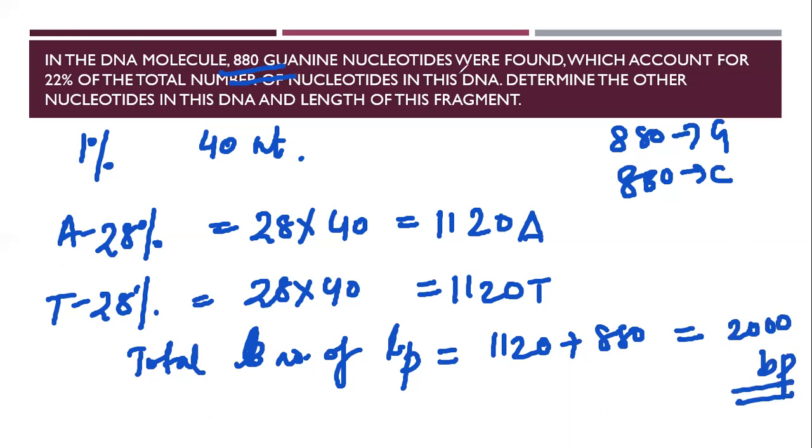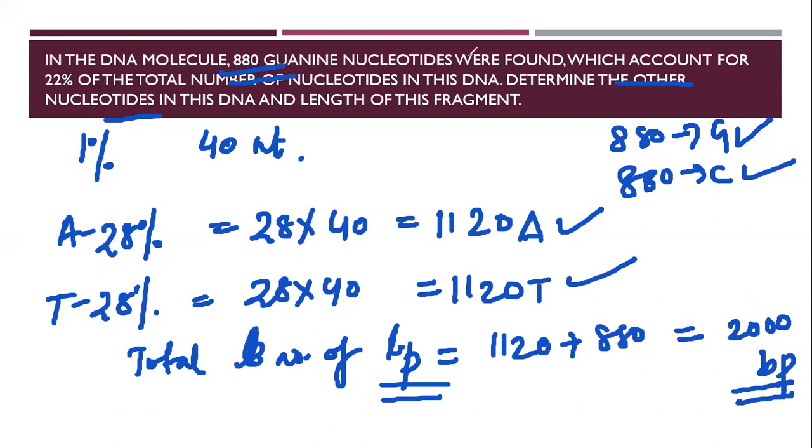So what is the question asked? Determine the other nucleotides. We have already determined G is 880, C is 880, A and T 1120 each. Now what they're asking is the length of this fragment. Is 2000 the correct answer? This is the number of base pairs present in the DNA molecule.